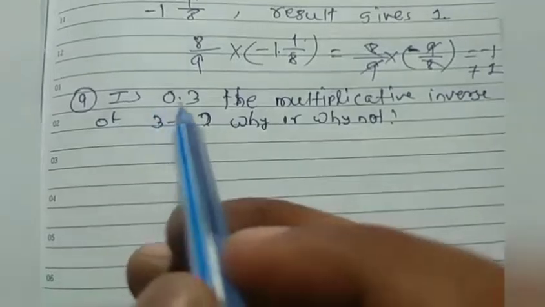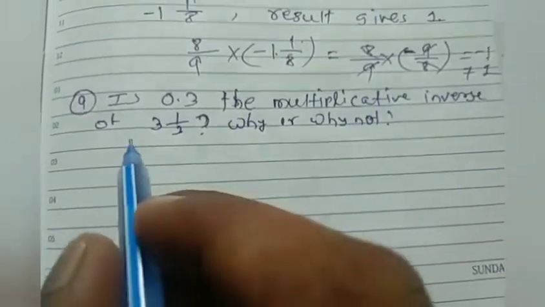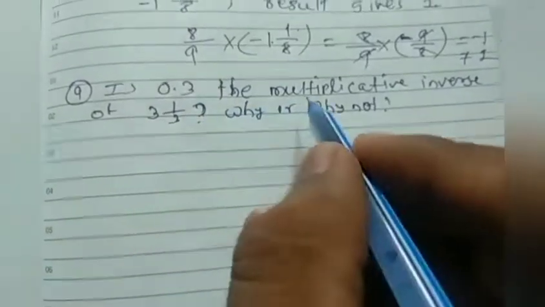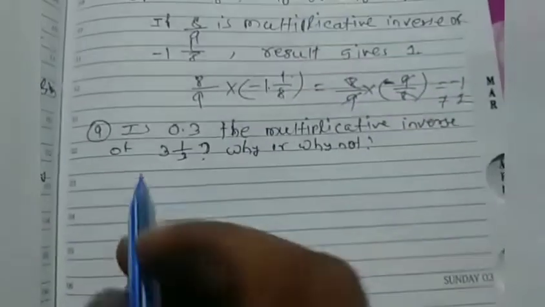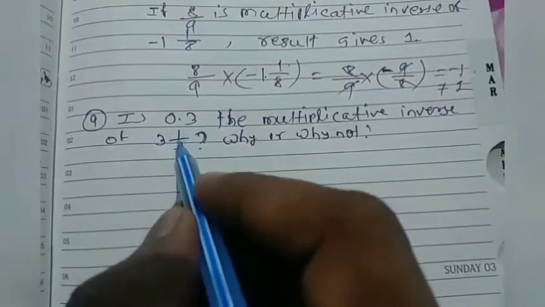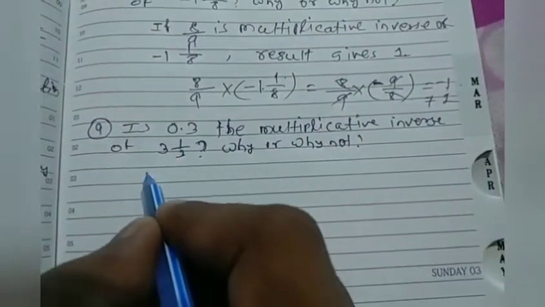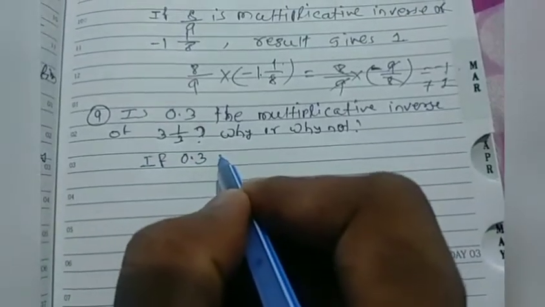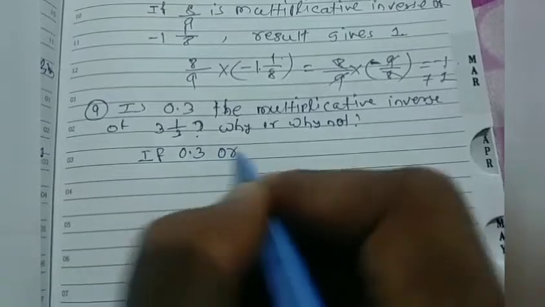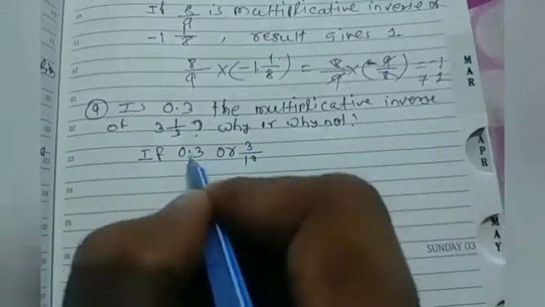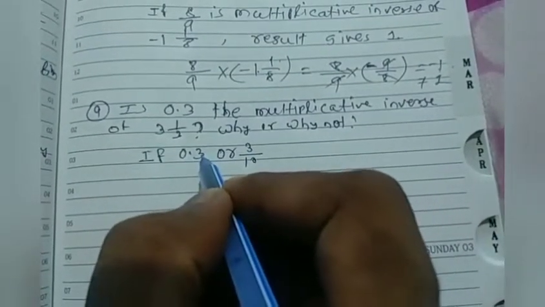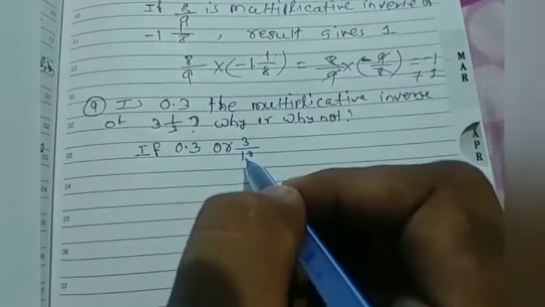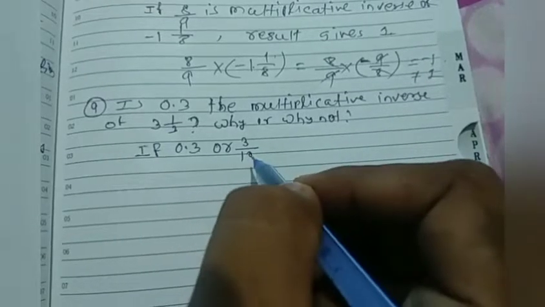Okay, number 9: is 0.3 the multiplicative inverse of 3 whole 1 by 3? Why or why not? When we multiply these two numbers, we should get the result 1. 0.3 we can write as 3 by 10, because after the decimal point there is only one number, so we write the denominator as 1 containing one 0.